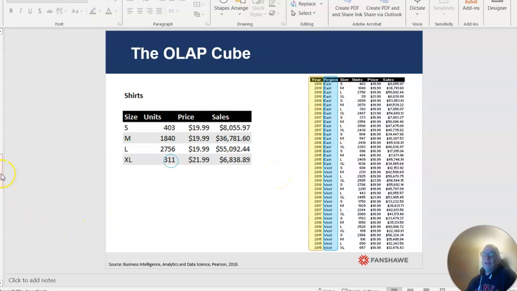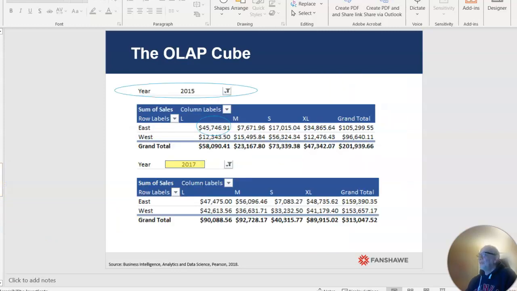Okay, so we have that ability to slice our data any which way we want to using OLAP technology. Here's another example where we can look at data by region, by size for different years. And this is a pivot table that is built using OLAP technology.